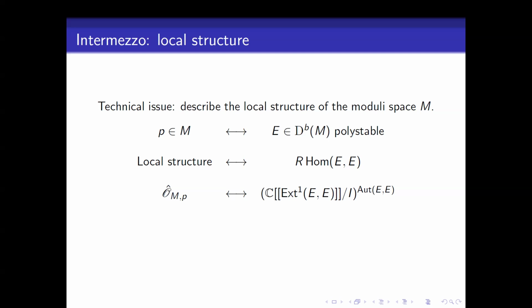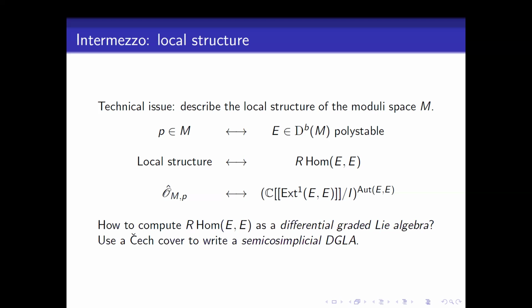In that case, it turns out that the local structure of the moduli space is controlled by the differential graded Lie algebra given by the derived Hom. So this is the Hom from E to E, and we just keep track of the Lie bracket obtained by composition. More precisely, the completion of the local ring of the moduli space at the point P is given by something completely determined by this derived Hom.